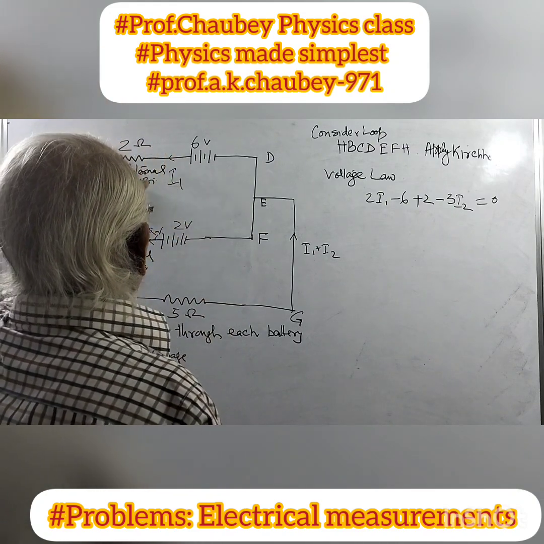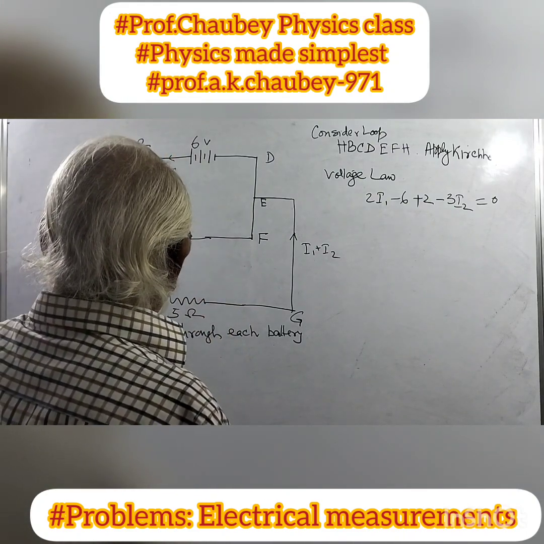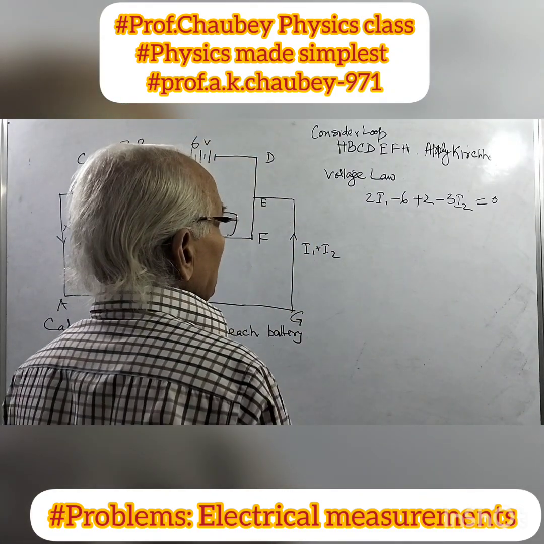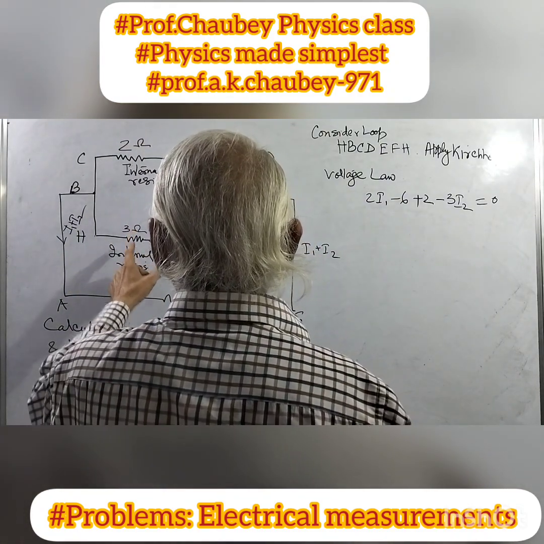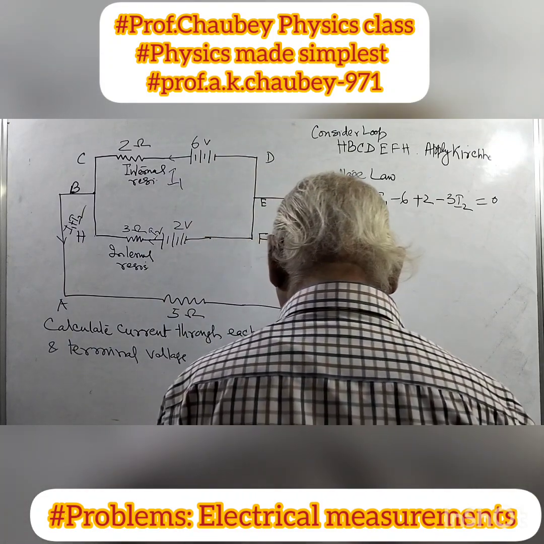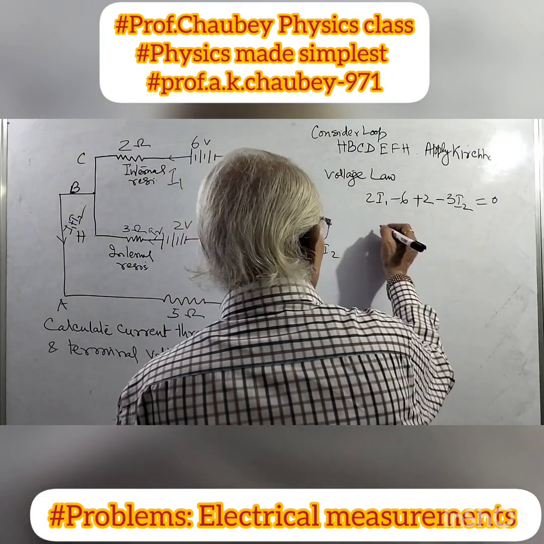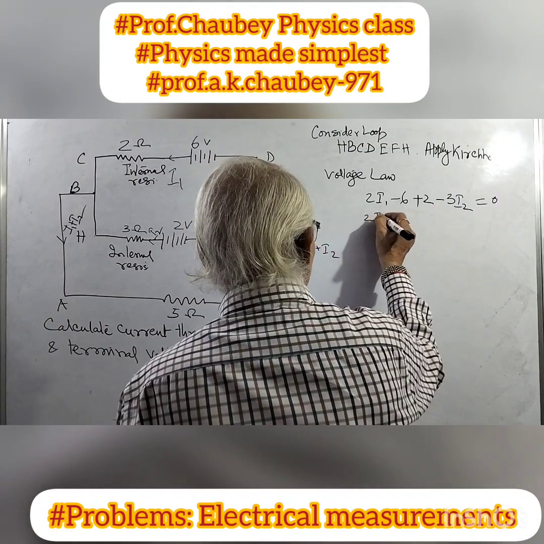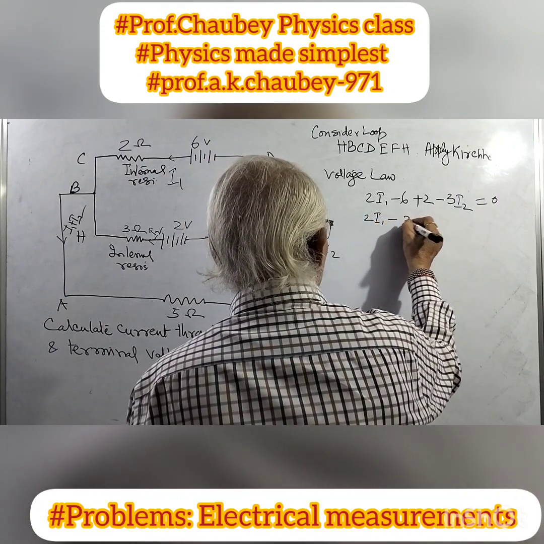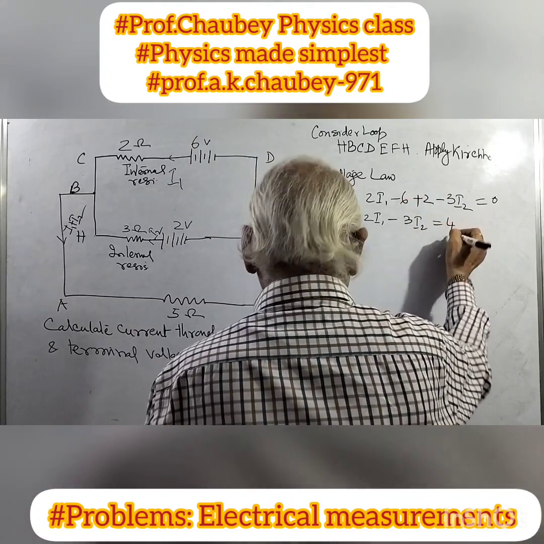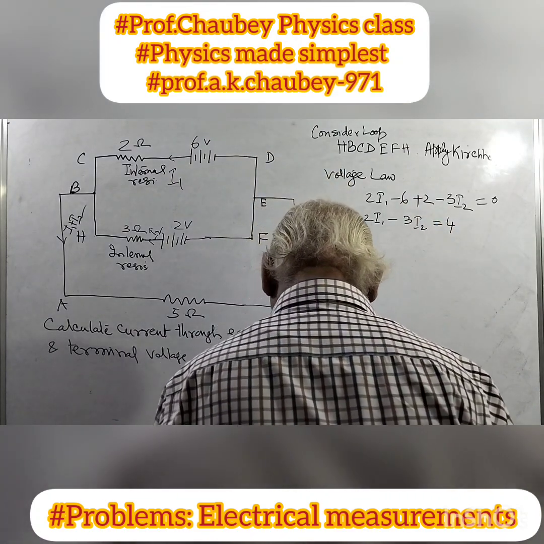And here 2 into I drop, and here the current is opposite, so this is 3I2, 3 into I2 because of the 3 ohm resistance, the IR drop. So you can write this equation: twice I1 minus 3I2 equals minus 4. So this becomes equation 1.